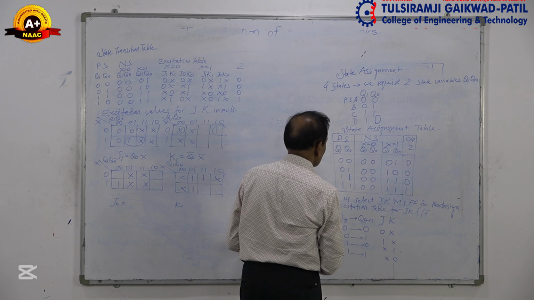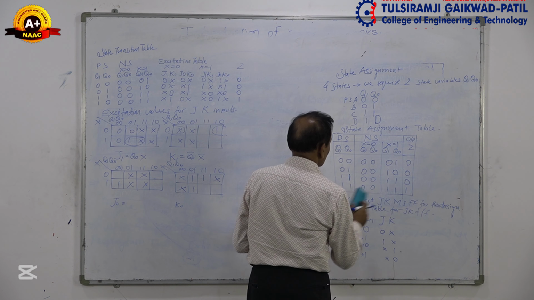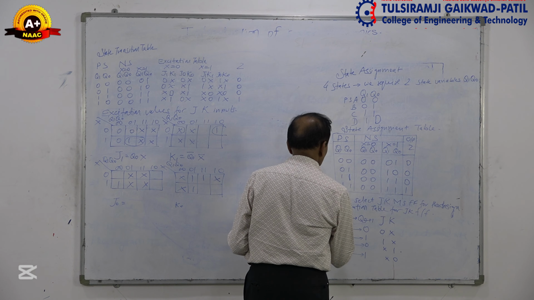C is 1, 1. Now there is some change over here. This is 1, 0, this is 1, 1.